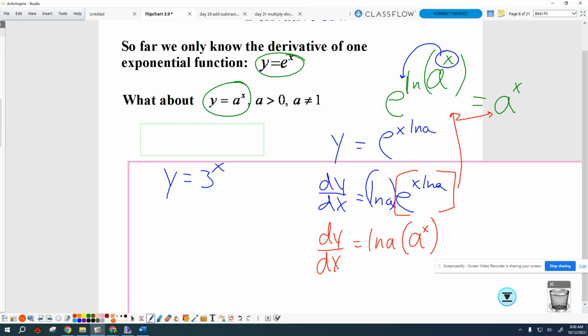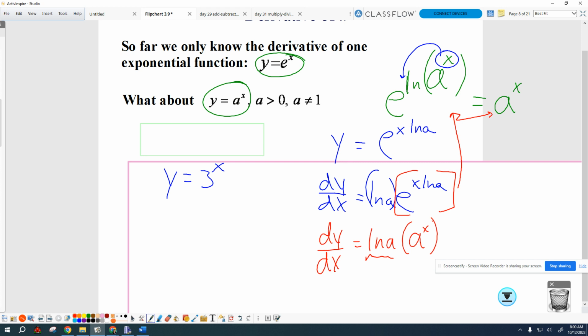So a to the stuff is a to the stuff, but it's not e. So this effectively is a conversion. It's a cheap knockoff. It's like Canadian quarters. No offense to Canadians. So there's an adjustment. It's not actually e, so we have this conversion rate, natural log of a.